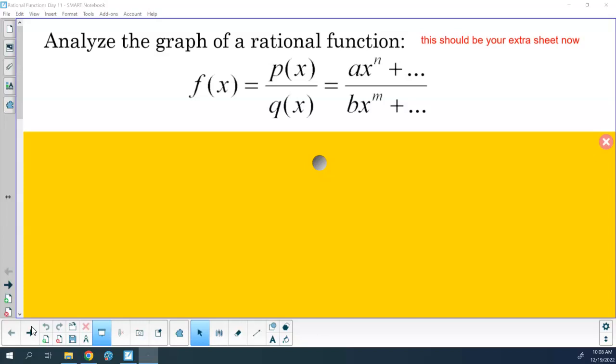Okay? So if you need to jot some other notes on there to say, oh yeah, when the numerator is already factored in step 0, just use the factored one in step number 4 to find the x-intercepts. That kind of a thing.